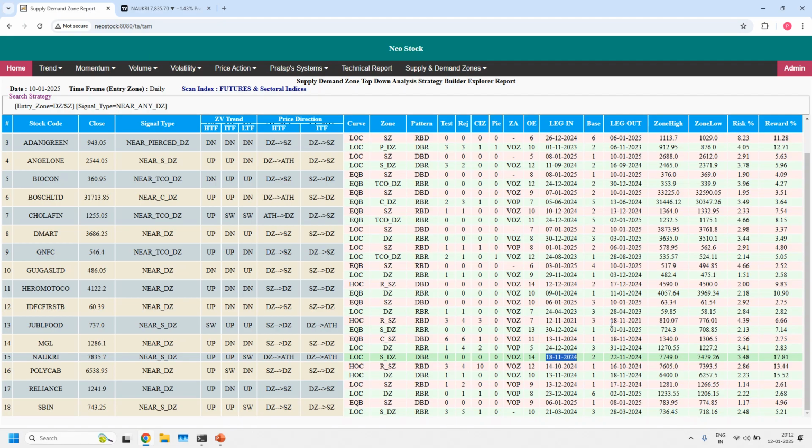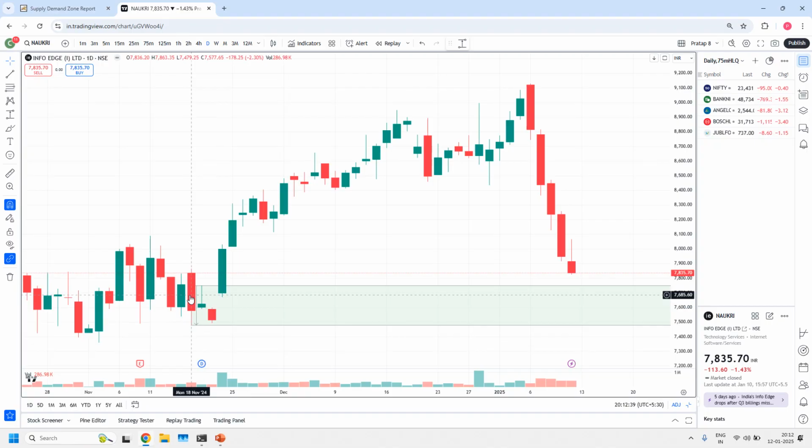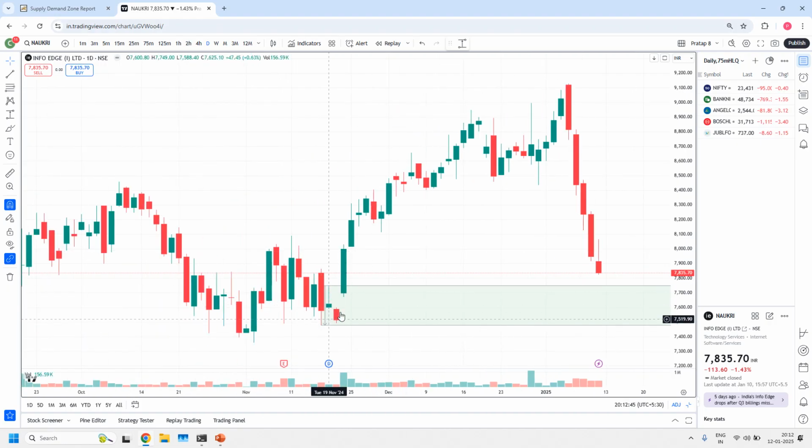So this is the way always the zone high and zone low values will be helpful to you. So this is a DBR. When you are having DBR, the lower wick consider 7479.25 paisa. Okay, this drop base rally with the gap is also there.